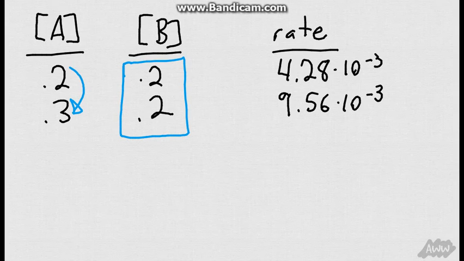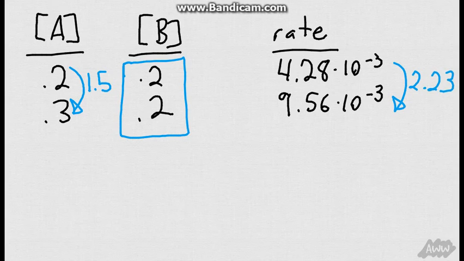If we divide 0.3 by 0.2, we get 1.5. So that has increased by 1.5. And by how much has this increased? To do that, we just take that same 9.56 and divide it by the 4.28, and we get 2.23.